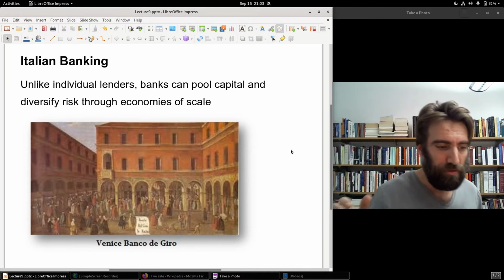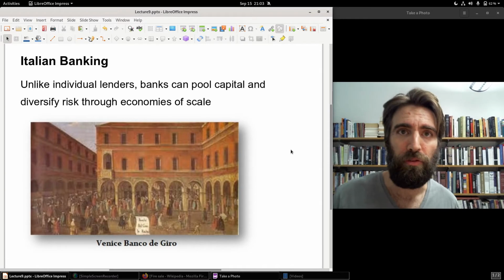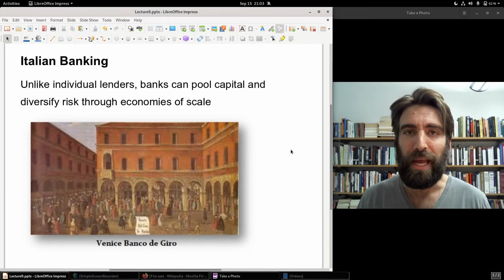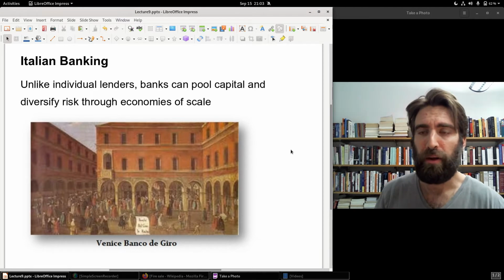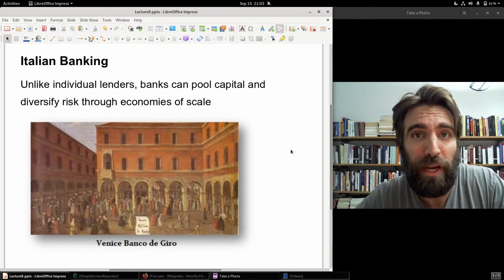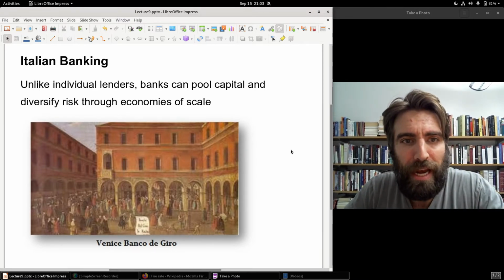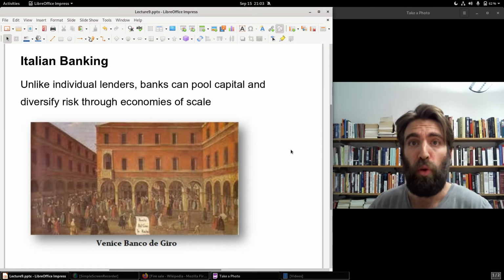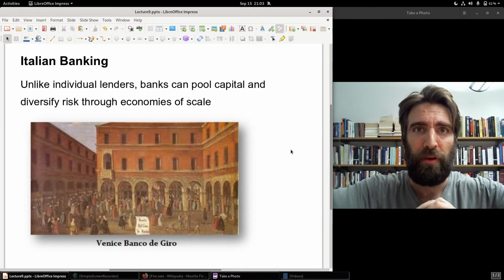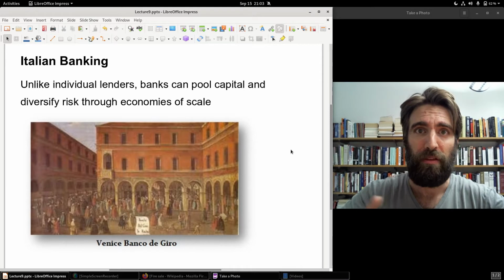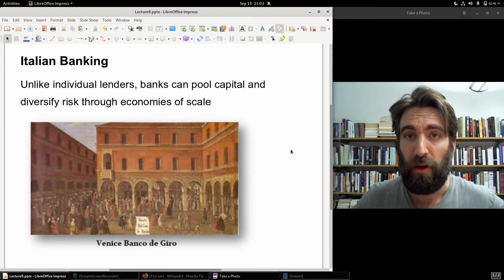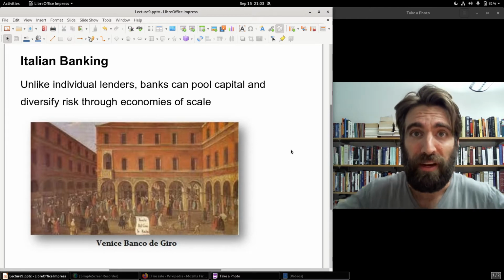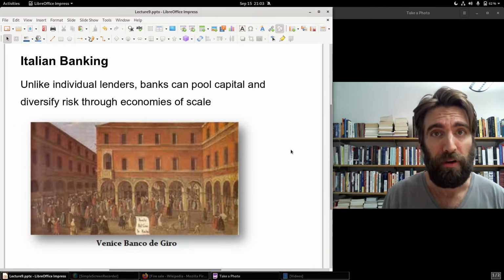Now, banks are highly useful. Banking has certain advantages that an individual creditor doesn't have. Unlike an individual creditor who has some liquid cash that he can lend out, a bank can pool capital together from its associates, from anyone who's part invested in that bank, or from depositors.